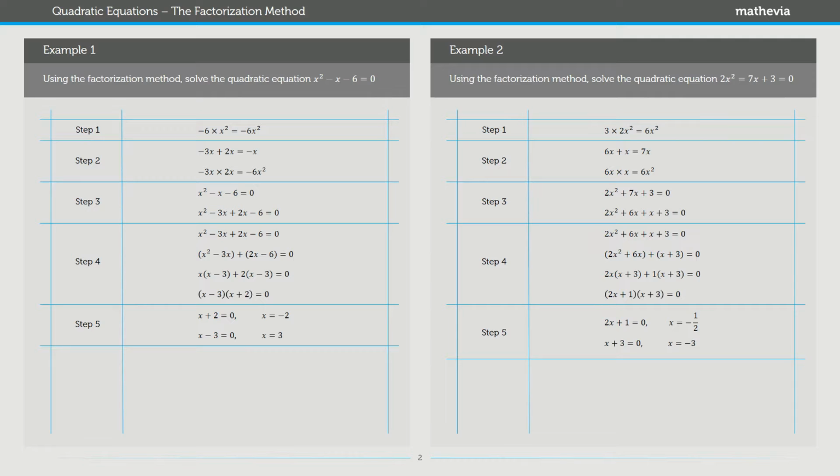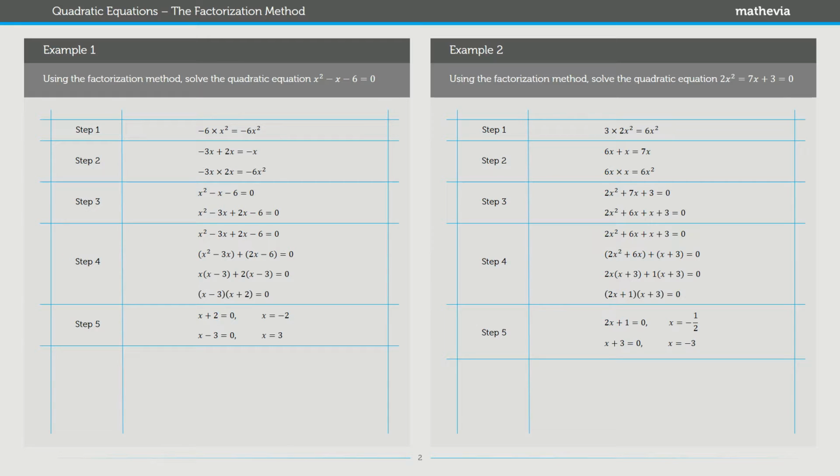We need a pair that, when you add them up, gives that middle term, which in this case is minus x. When we identify these two terms, you have them as minus 3x and 2x, because when you add these together, minus 3x plus 2x, you get minus x, and when you multiply them, minus 3x multiplied by 2x, you get our result from step 1, minus 6x squared.